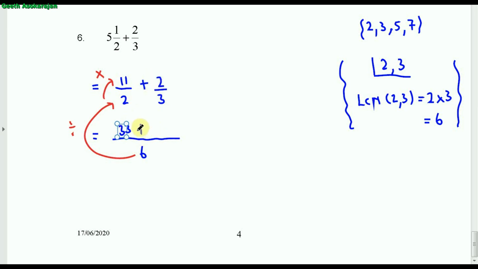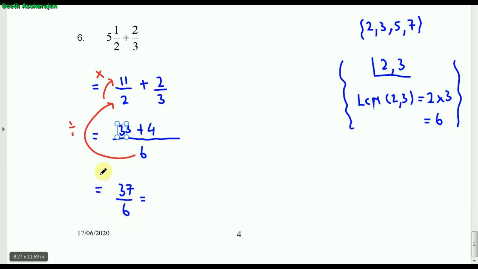Plus, so let me write down that plus here. Doing the same for the second fraction, 6 divided by 3 is 2. 2 times 2, 4. So let's tidy up the numerator. 33 plus 4, 37. So it's 37 divided by 6.